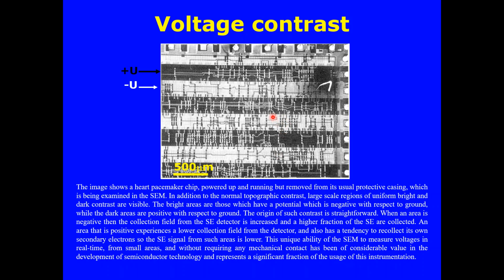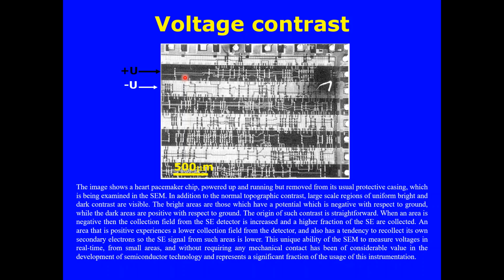When an area is negative, the collection field from the secondary electron detector is increased, and a higher fraction of the secondary electrons are collected. An area that is positive experiences a lower collection field from the detector, and also has a tendency to collect its own secondary electrons.